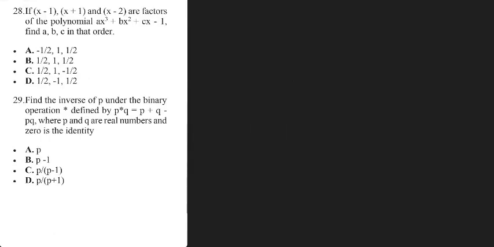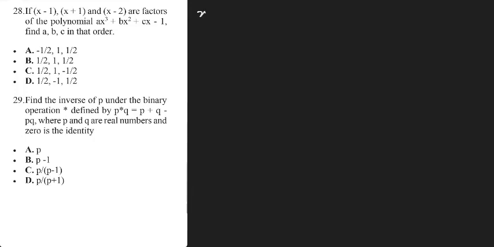Question 28. It says if x minus 1, x plus 1, and x minus 2 are factors of the polynomial ax cubed plus bx squared plus cx minus 1, find a, b, c in that order. So from the question, it is quite a long solution.